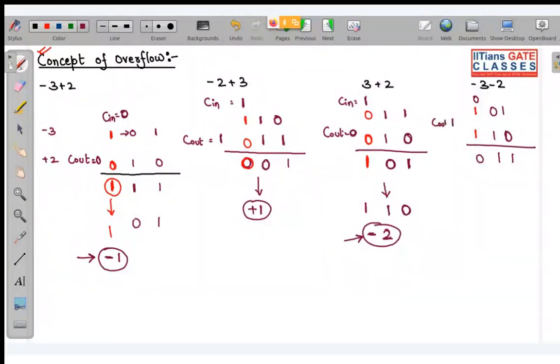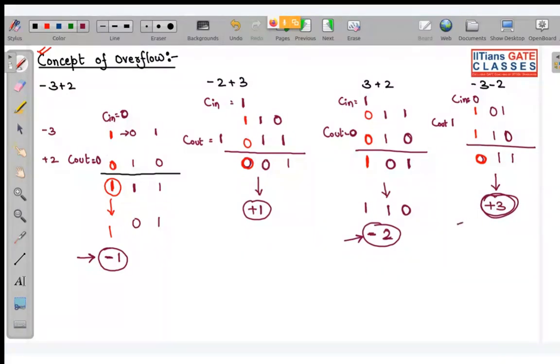So this is C out, this is C in. Once again you can see I have added two negative numbers, but look at the sign bit of this resultant number, it is 0. This indicates that the resultant number is positive and the equivalent number is plus 3. So there is something wrong.